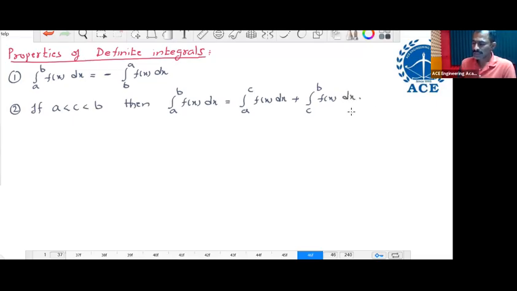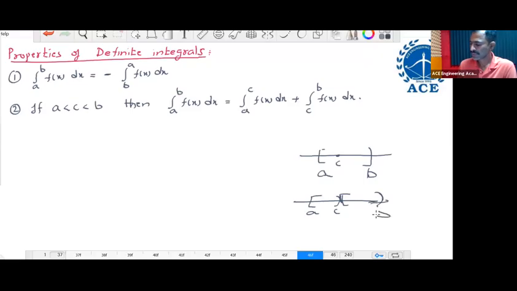That is, on the real line, within the interval a comma b, we have taken some point c somewhere. If we choose some point c between a and b, then we can divide the interval into two parts, a to c and c to b. That is how we can write the integral a to b as a to c plus c to b.